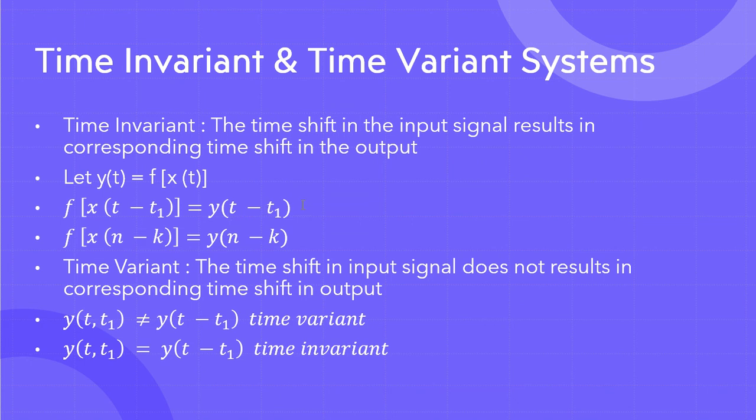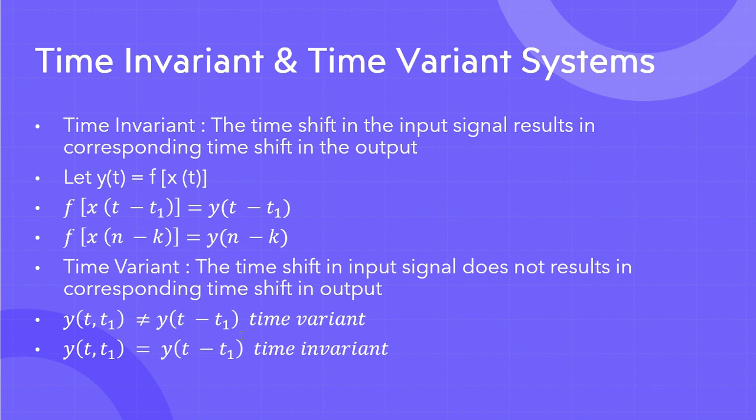And a similar thing will happen for my discrete signal as well, right? In the discrete signal, I'm delaying my sample by a few samples, k samples, let's say. So again my output sample will also be delayed by k samples.